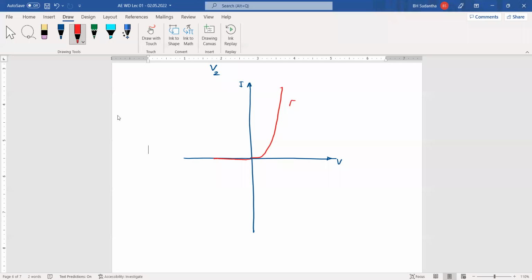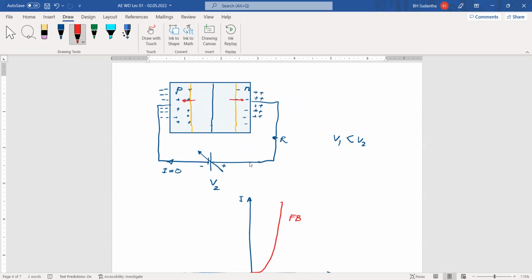This is for the forward bias of the diode. Now here we have applied the voltage in the negative terminal, positive side of the battery, and for the positive terminal of the diode, negative side of the battery. Then when you do this one, we say this is reverse bias.